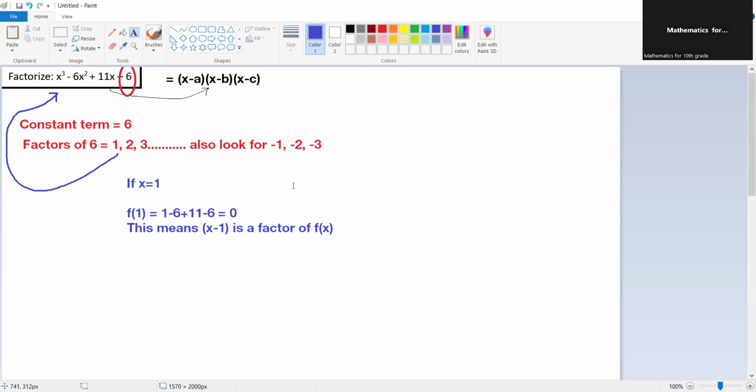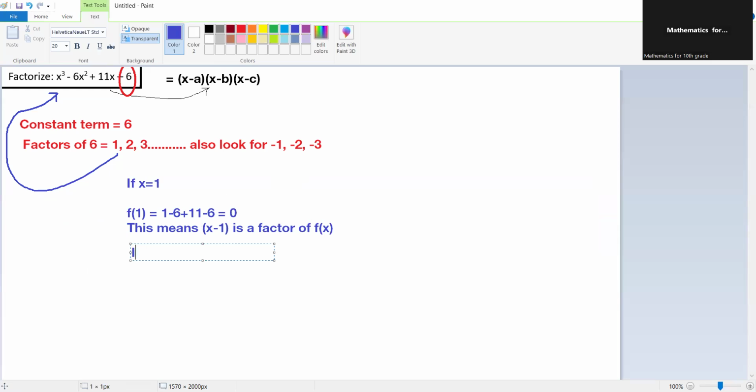If we try x equal to minus 1, for example, what do we get? f of minus 1 would be minus 1 cube, which is minus 1, minus 6 into minus 1 square, which is minus 6 only, minus 11, minus 6, which is not equal to 0.